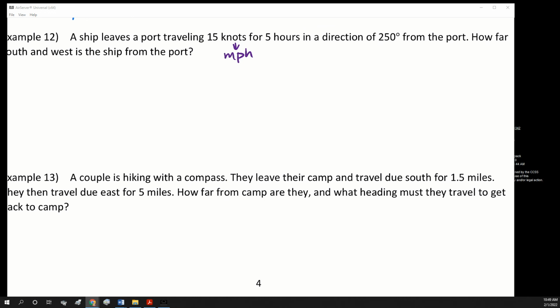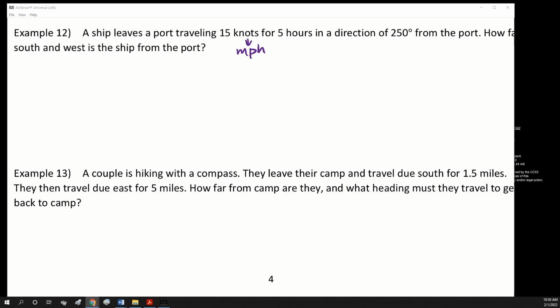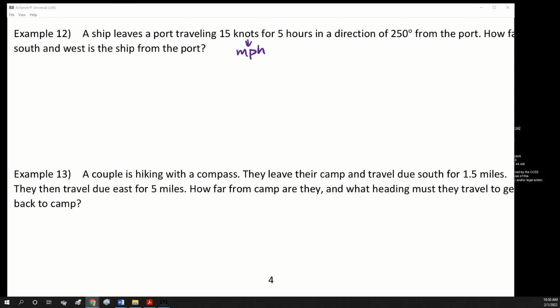So maybe a nautical mile is different than a regular mile. I don't know. But that is a speed. So 15 miles per hour in the water for 5 hours in a direction of 250 degrees from the port. How far south and west is the ship from the port? So they gave us a hint that it is southwest.